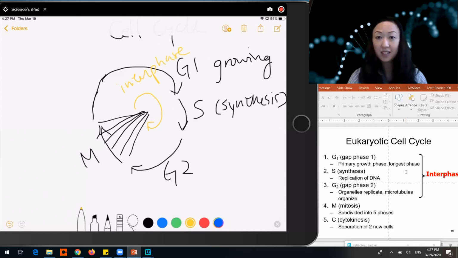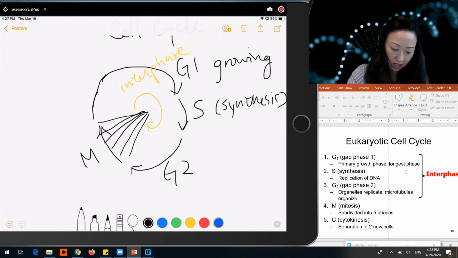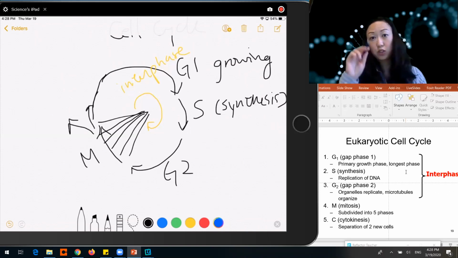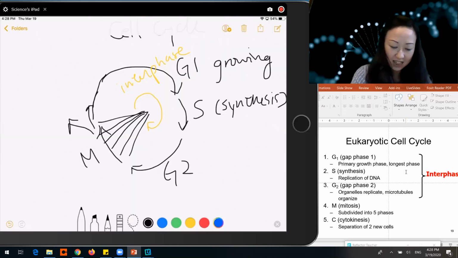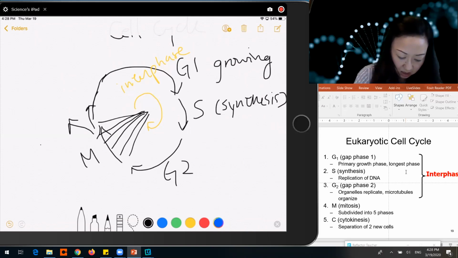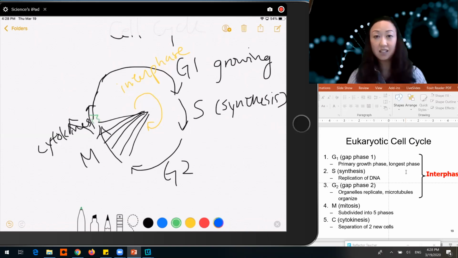Finally, when the cell reaches the end of mitosis, it splits into 2 cells, which can both then circle back to G1. Each of them can then go through G1, G2, and then split again. And this process of one splitting into 2 is called cytokinesis. So it's the active breaking of the two.